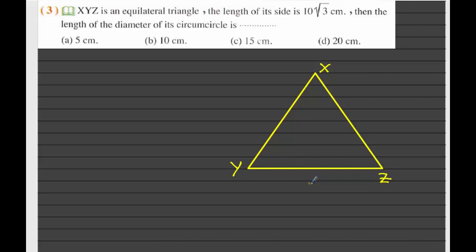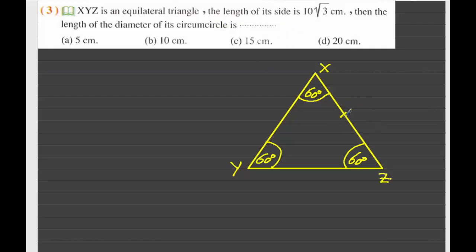In the equilateral triangle, the measure of any angle equals 60 degrees. Also, the measure of angle X equals 60 degrees, and the measure of angle Z equals 60 degrees.